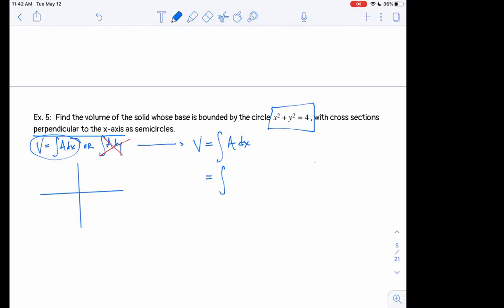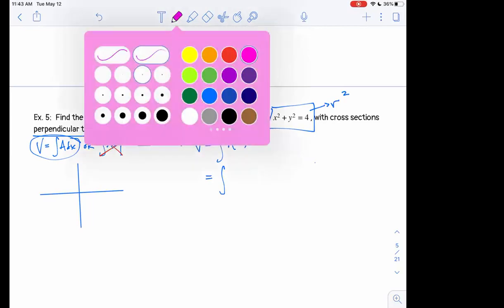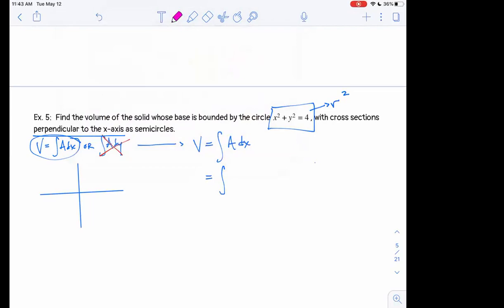So when you have an x squared plus a y squared, the number that it equals is your radius squared. That means this circle doesn't have a radius of 4, but it actually has a radius of 2. And so if we sketch a circle with a radius of 2, we'll end up with something like that.